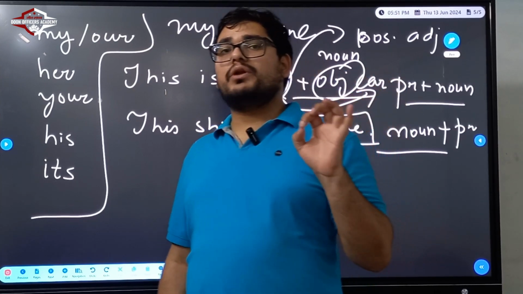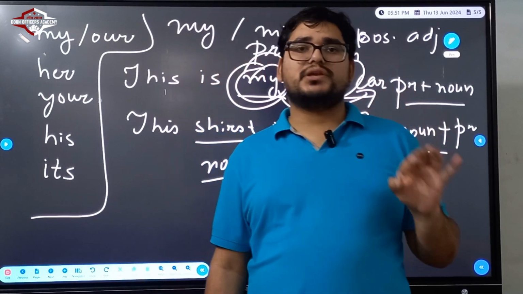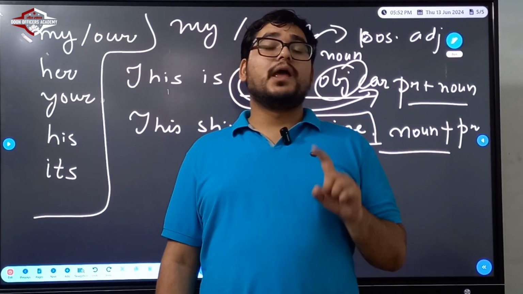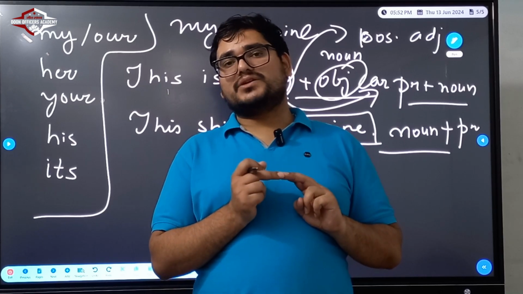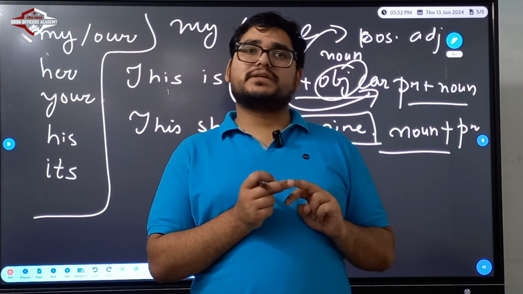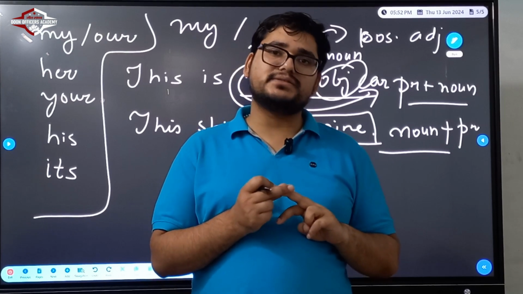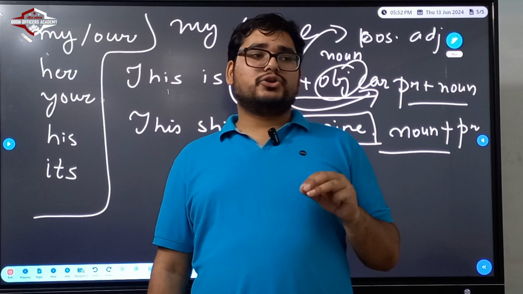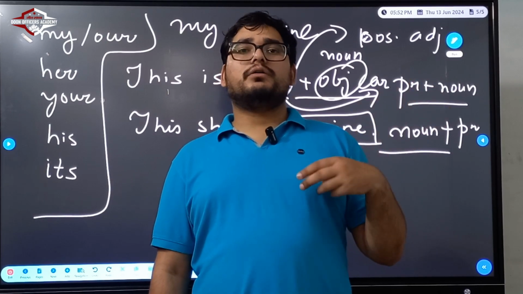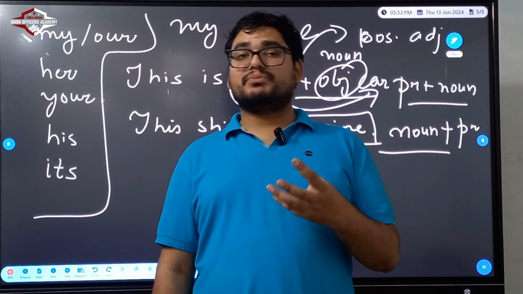That means if a pronoun is in the subject position, or if it is the doer of an action, then you use the subjective case. Objective case, if the pronoun is the object of a sentence, or if it is the receiver of an action, we use the objective case.